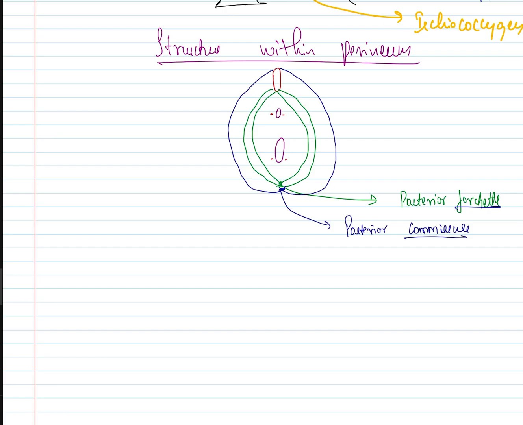Anteriorly also they meet, and this is known as the frenulum of the labia minora, and of the labia majora it forms the prepuce, or hood, of your clitoris. It covers the clitoris. Whatever the red color is showing, it's a clitoris.